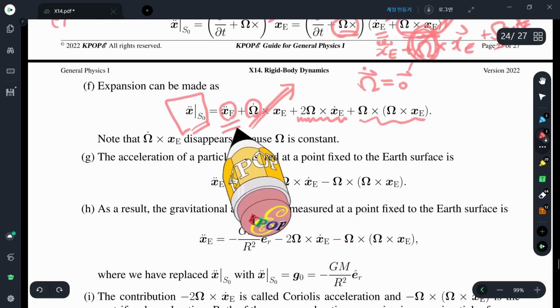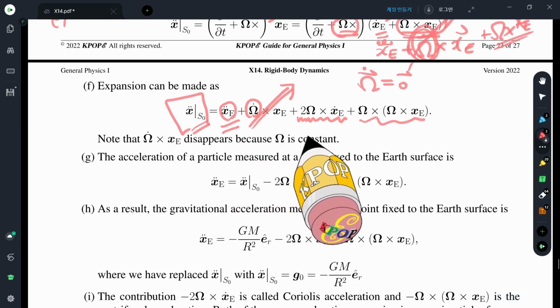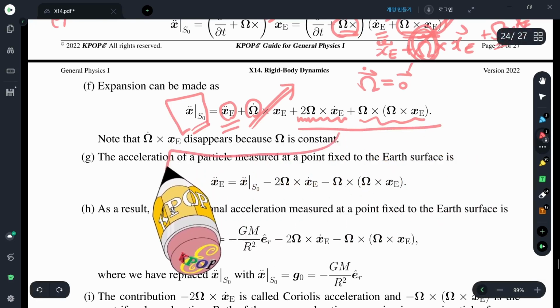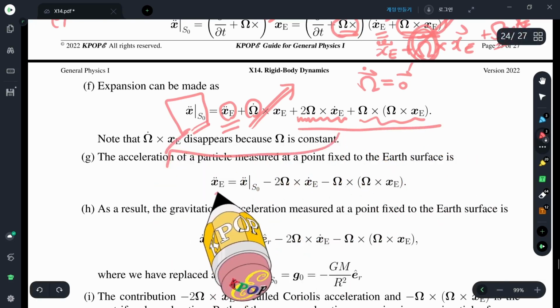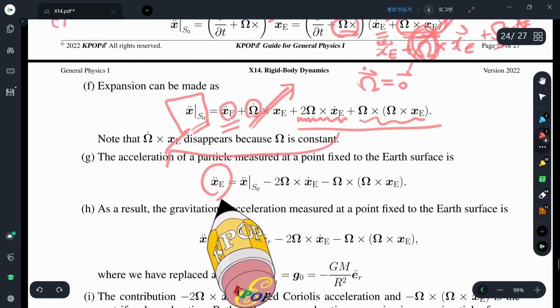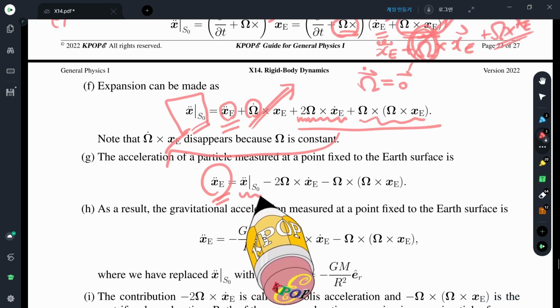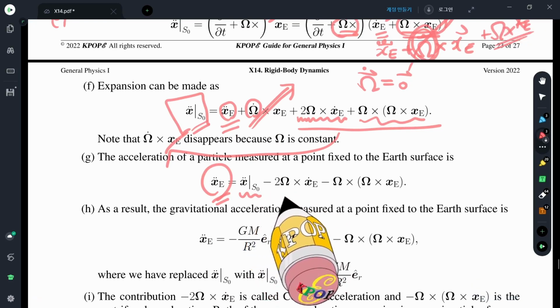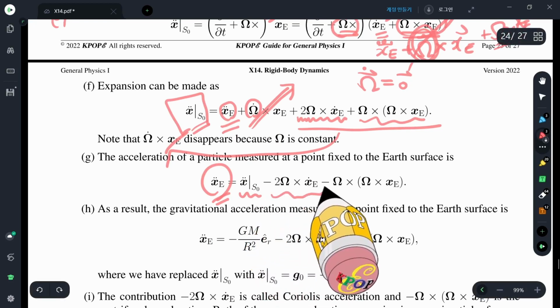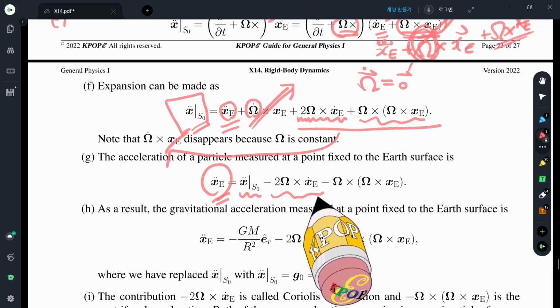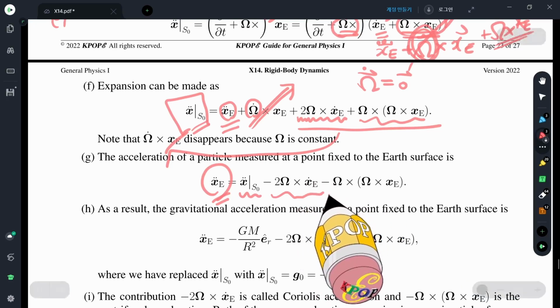What is the acceleration measured on the Earth? We subtract these 2 pieces to find it. The acceleration measured on the Earth is the acceleration measured in an inertial reference frame, minus 2 omega cross the velocity measured on the Earth, and minus omega cross omega cross xe.